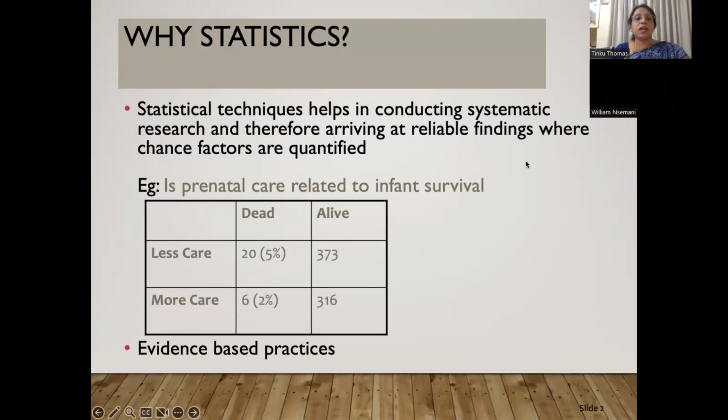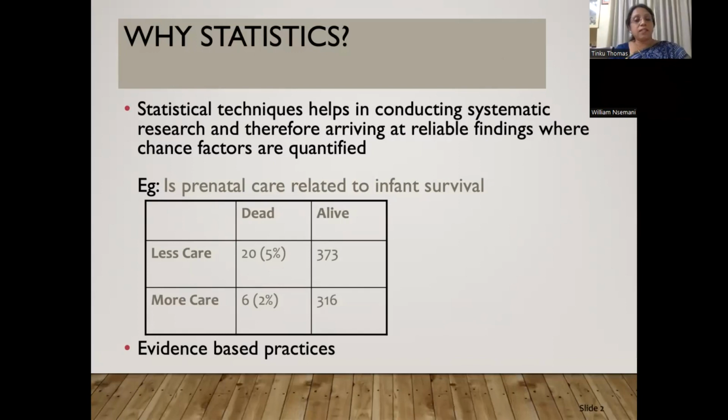Okay, so the question is, why should we even do statistical analysis on data? Here is an example, and you will notice that a lot of my examples come from the area of nutrition and clinical studies, because that is where I work.